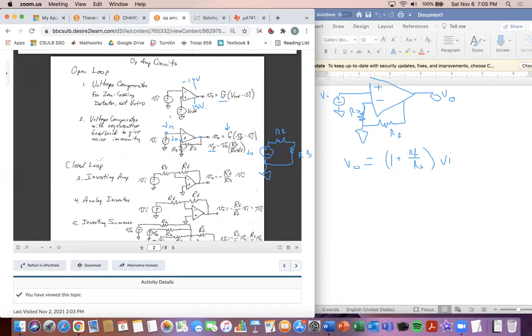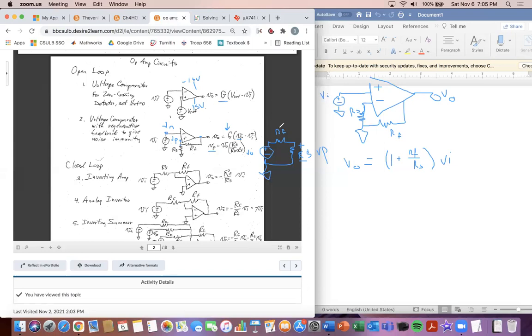Look right here, RS is just hooked to ground on the other side. So VP would be across this RS resistor. Using voltage division, VP is equal to the voltage from the source, which is this output voltage, times the resistor they're interested in, which is RS, over RS plus the other resistor, which is RF.